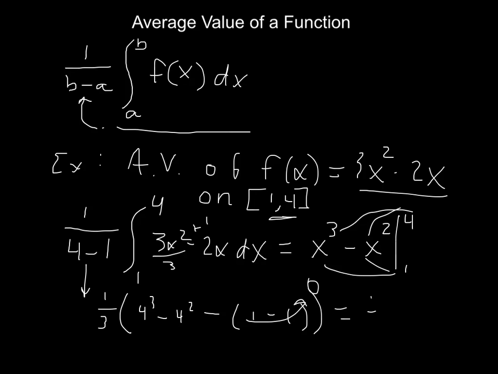So we have 1/3 and we have 64 minus 16, which is 48, which equals 16. So the average value of f of x equal to 3x squared minus 2x on the interval from 1 to 4 is 16.